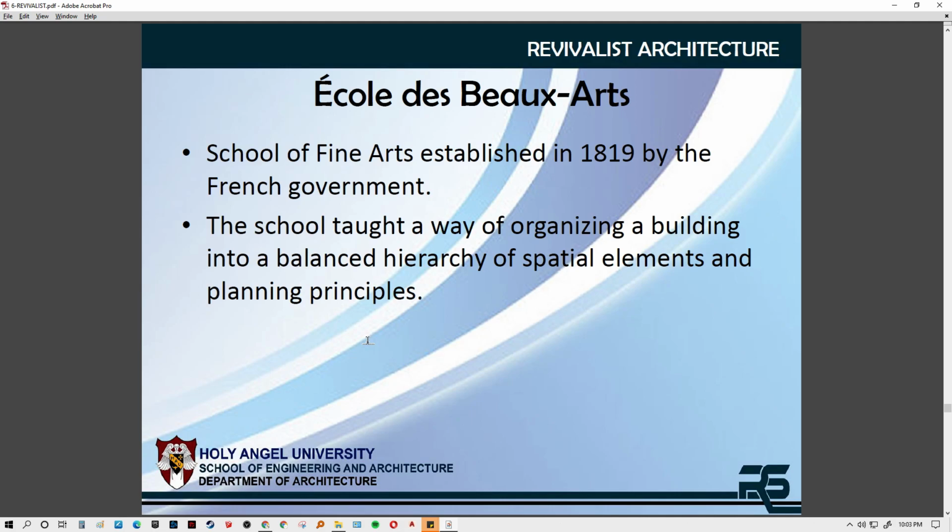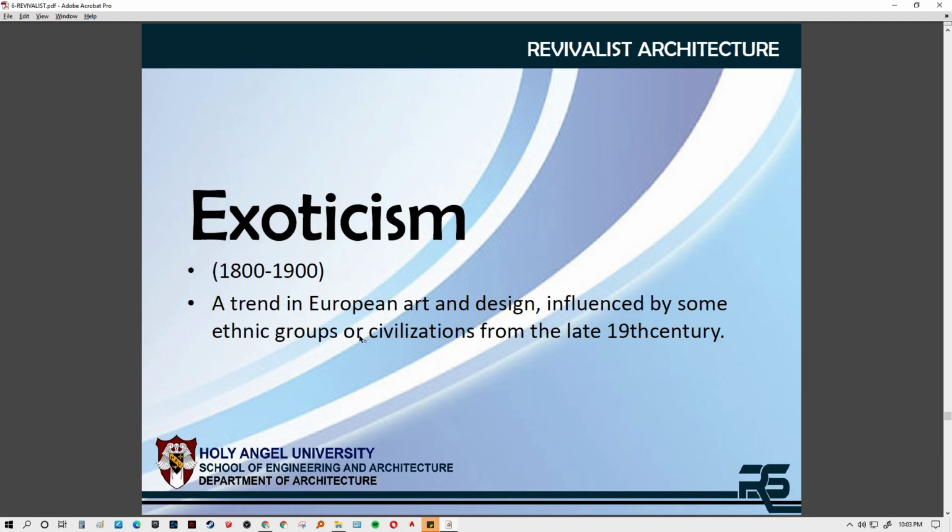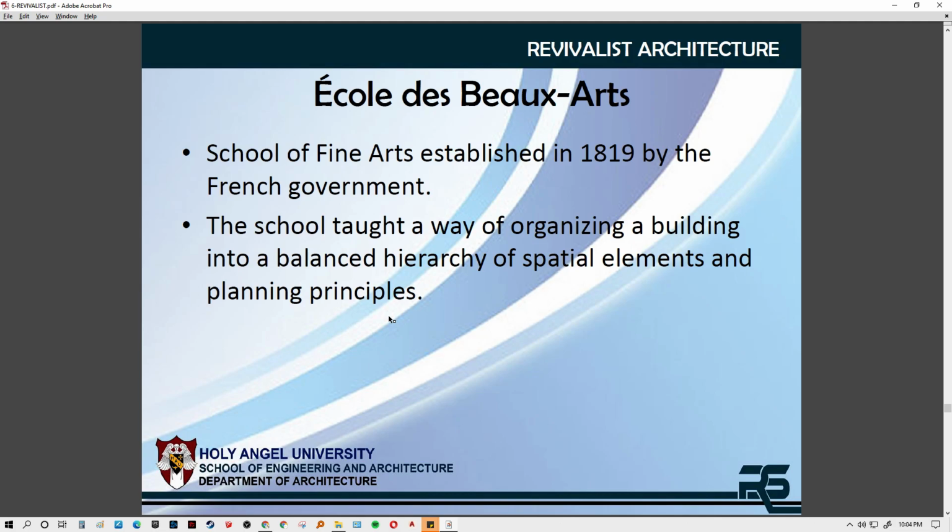It is a French movement and taught the way of organizing buildings into balanced hierarchy of spatial elements and planning principles. These are mostly used in interior designs actually, and they're studying about the interiors during this time.